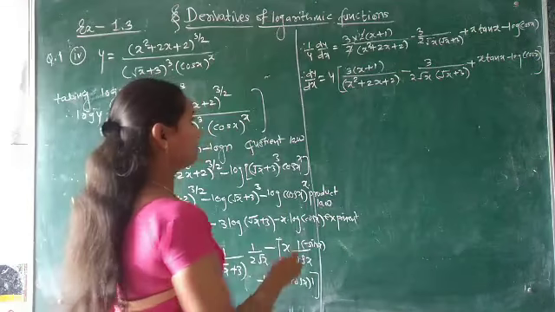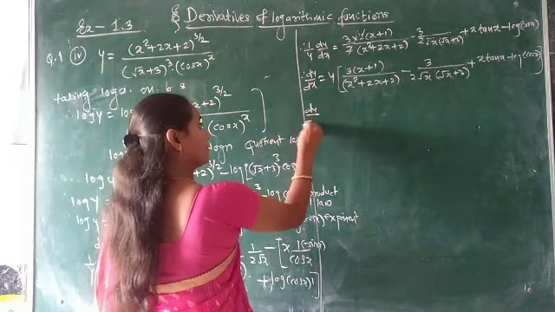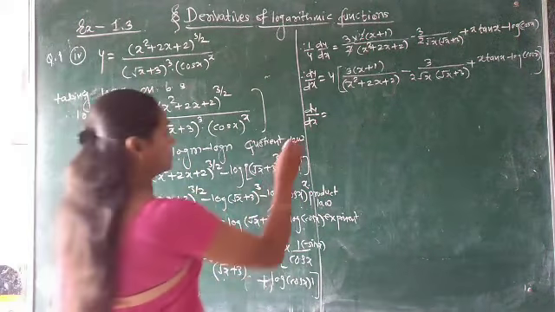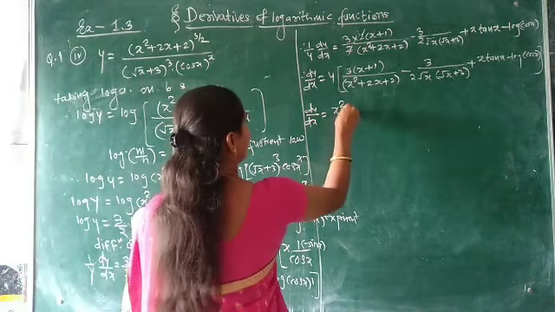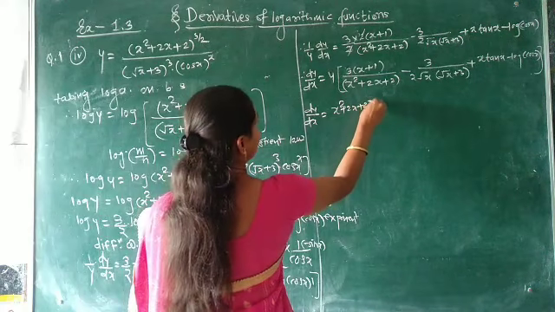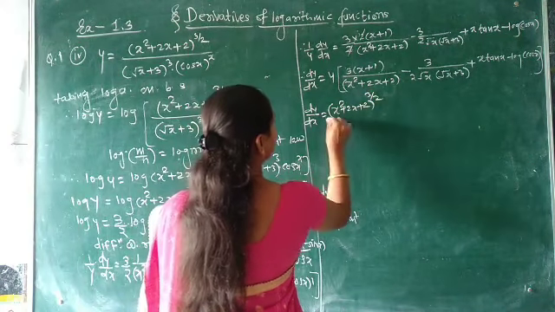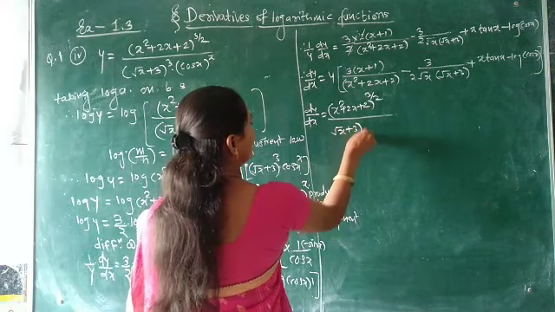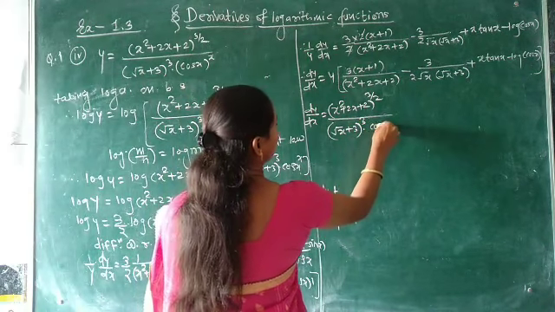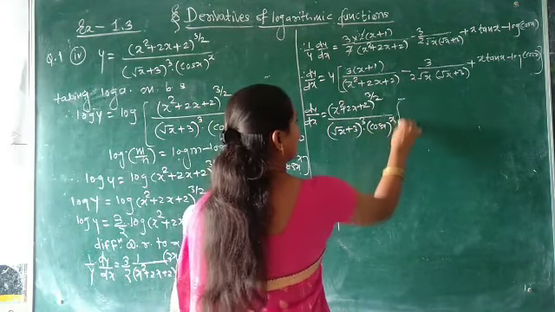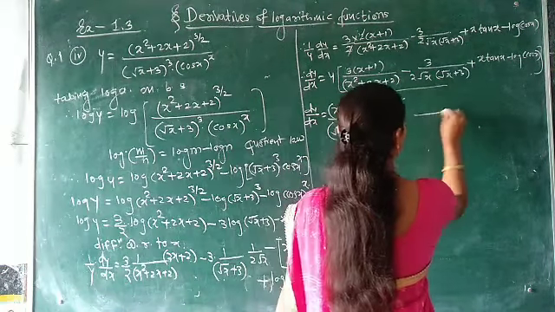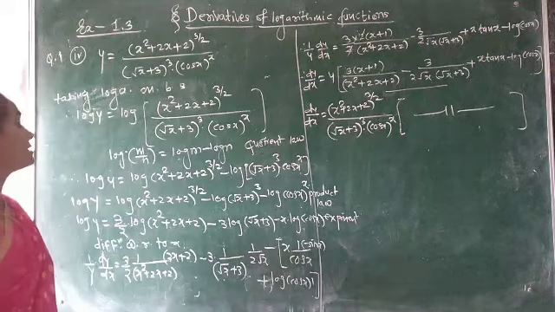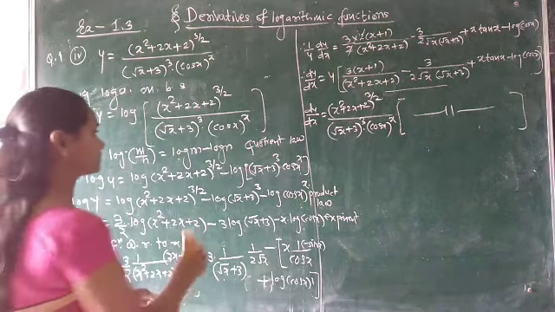Now put the value of y and write the answer again: dy upon dx is equal to y, which is (x square plus 2x plus 2) raised to 3 by 2 divided by ((root x plus 3) cube into (cos x) raised to x), and write this bracket again as it is. So this is the answer of question number 4.